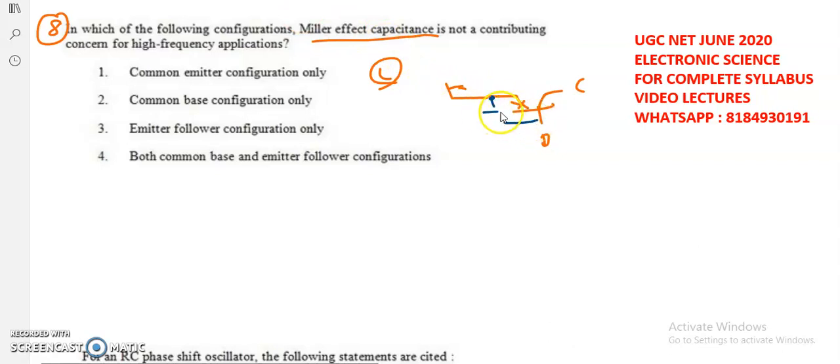Between the emitter and base junction one capacitor will come, called Cb-e. Between the collector and base one capacitance will occur, called Cb-c. And between the emitter and the collector one capacitance will form, called Ce-c. All these are the internal capacitances which occur between the junctions of the transistor.